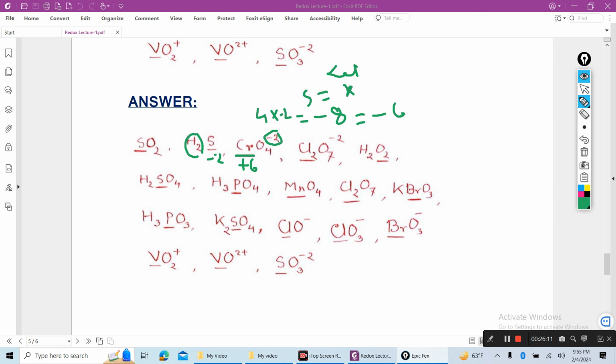Here chlorine, 7 times minus 2 is minus 14, if you subtract to minus 2 you get 12, 2 chlorine 12, 1 chlorine will be plus 6. Now H2O2, 2 hydrogen plus 2, so 2 oxygen will be minus 2, 1 oxygen will be minus 1.